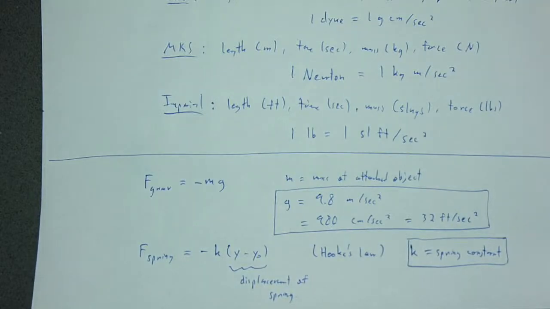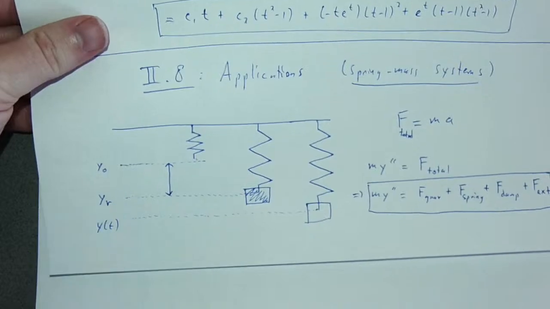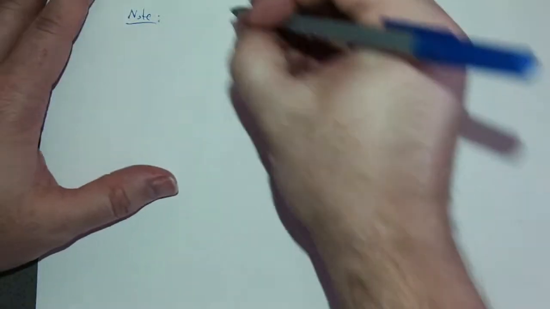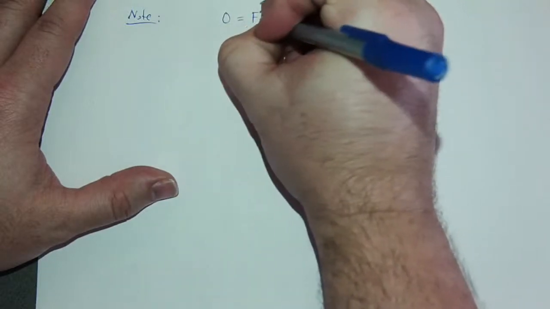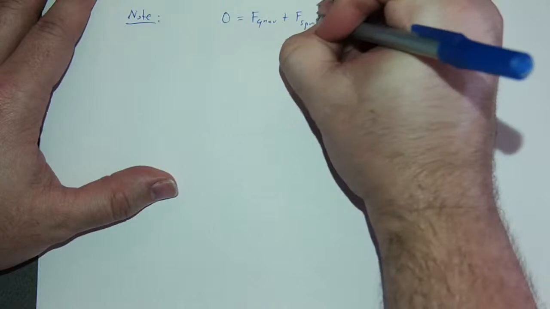The most common way this is done is to note that in the situation described, when there's no external force and the mass has some rest position that we called y sub r, then at that rest position, the gravitational force and the spring force cancel out.